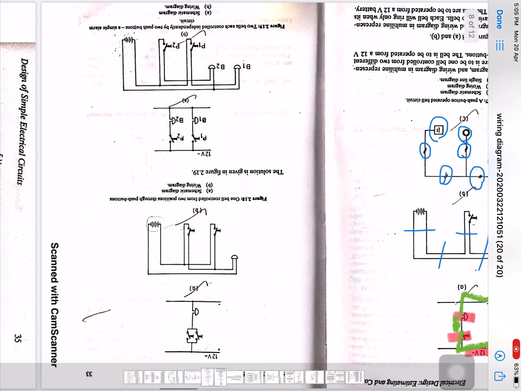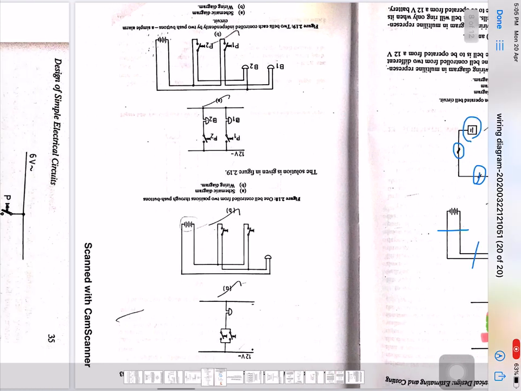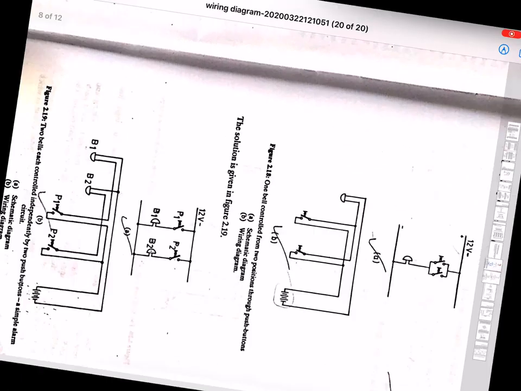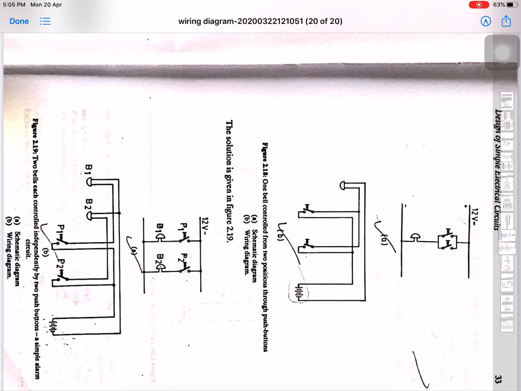single push button switch. So moving further, we have just now discussed that a single buzzer will be controlled by a single push button.